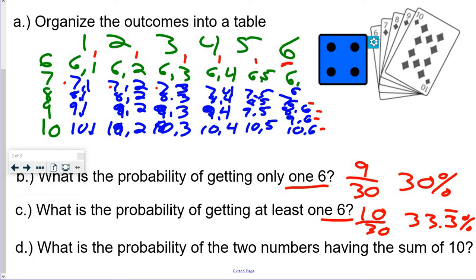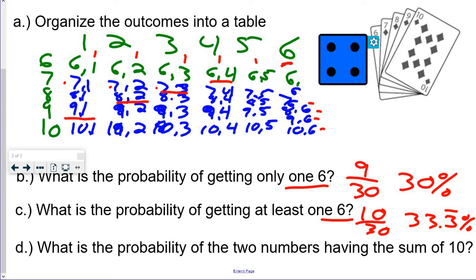And what is the probability of the two numbers having the sum of 10? When we add this up, we know that this will add to the sum of 10. So there's 8 and 2, 7 and 3, 6 and 4, 9 and 1. 10 and 1 does not equal 10, that's 11.